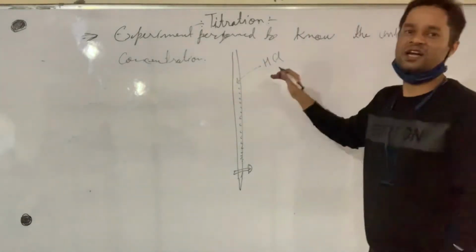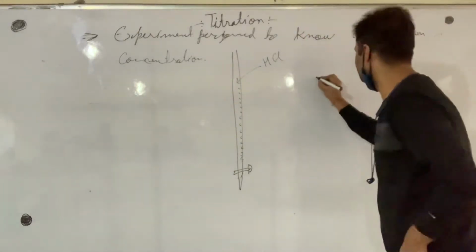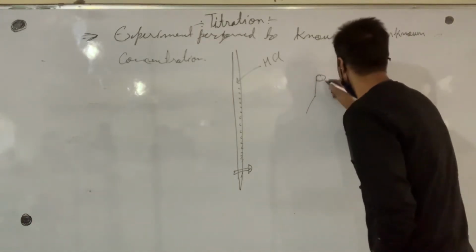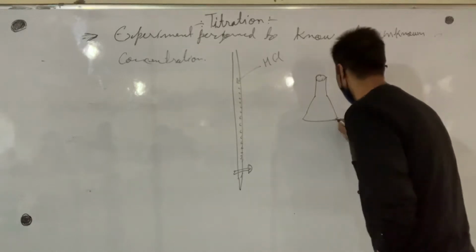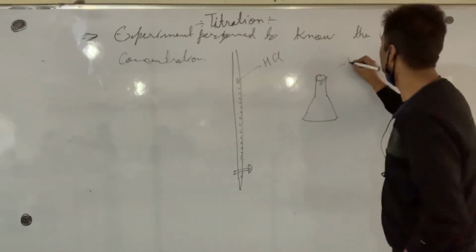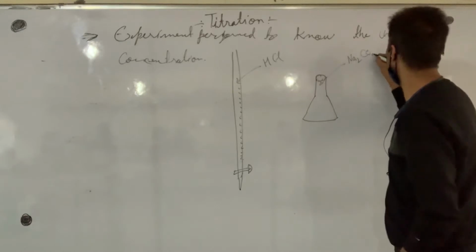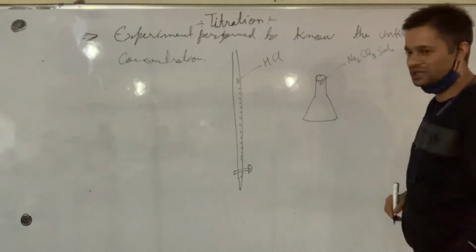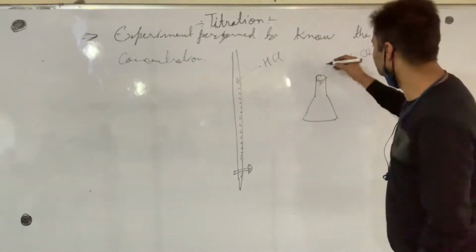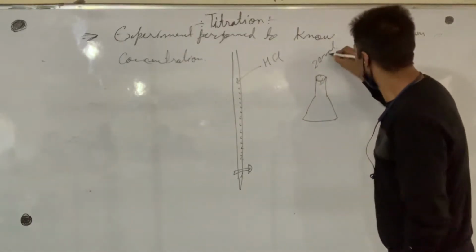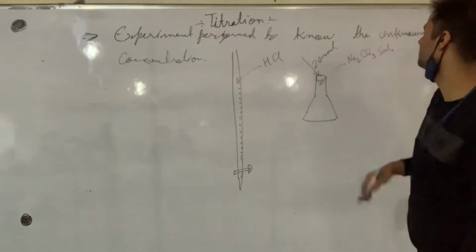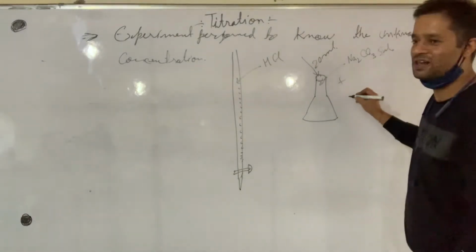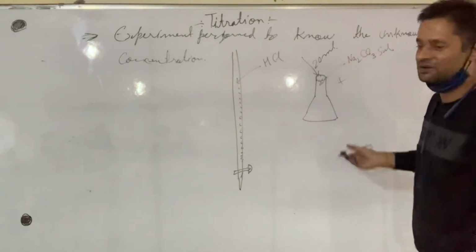When you take HCl in the burette, in the titration flask you have to add sodium carbonate solution. What pipette is given to you? 20 ml. So you have to add 20 ml sodium carbonate, plus indicator, methyl orange.